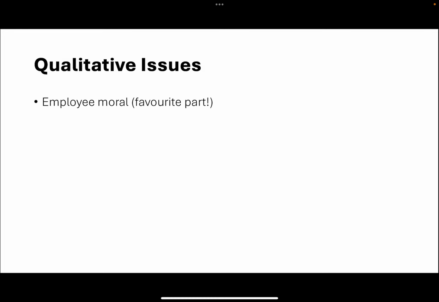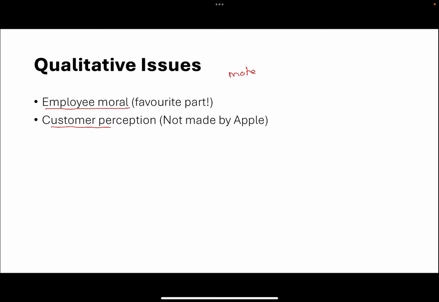Then there are the qualitative issues. Suppose you are making all these parts by yourself, then employee morale can be improved, and also customer perception, the perception that these are directly manufactured by Apple, will have a different impact on the customer.